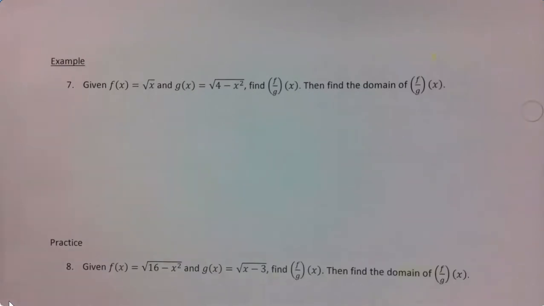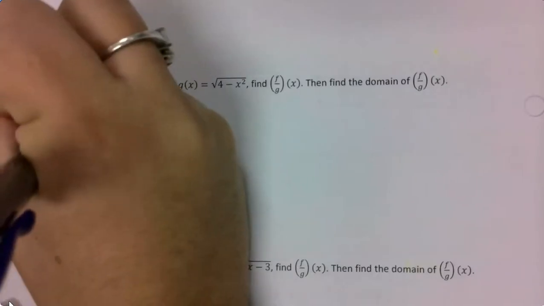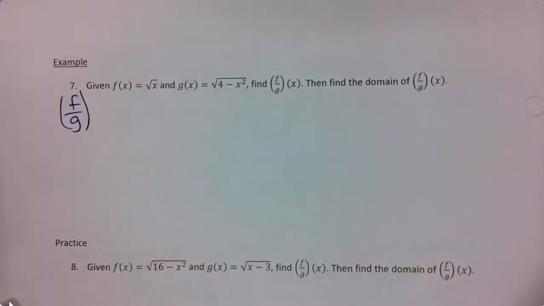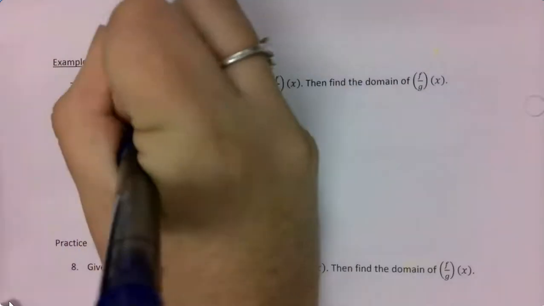Okay, so this last one is division. What I want to do is the function on the top is what I'm going to write on top of my fraction. The function on the bottom is what I'm going to write on the bottom.